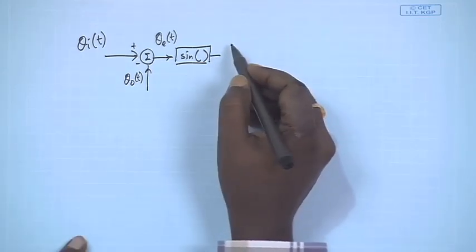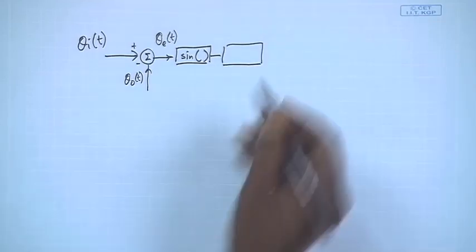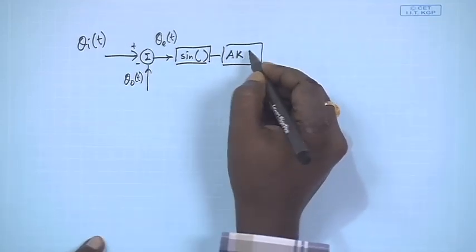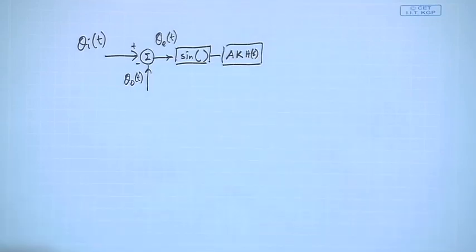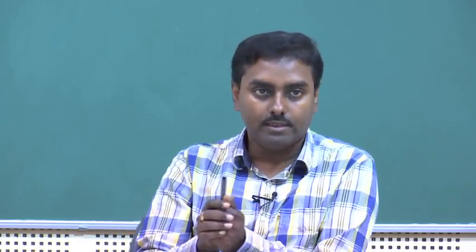So, that should pass through the low pass filter, and equivalently we have written that as A k and H s, right, where H s is the transfer function of the low pass filter and A and k are system defined parameters. Generally they come from either the signal or the VCO. So, that is the system generated parameter.